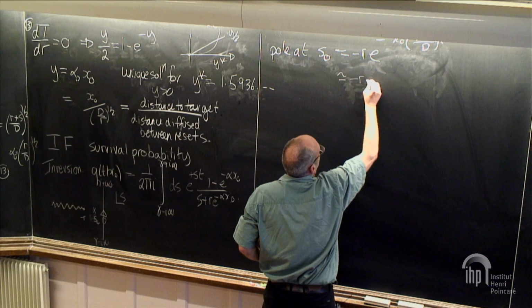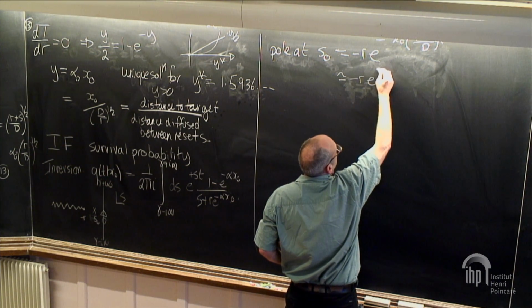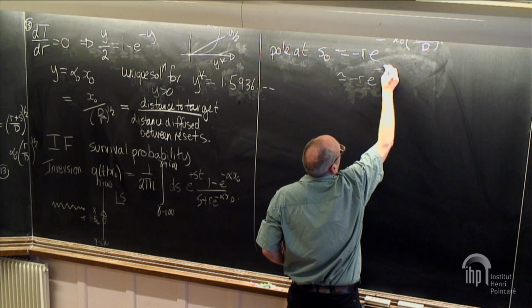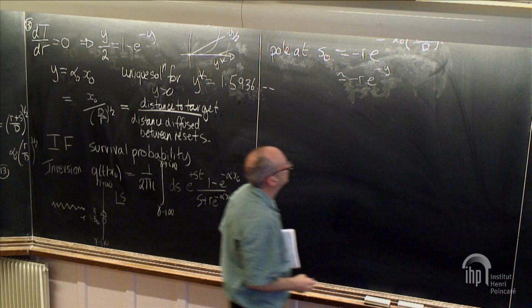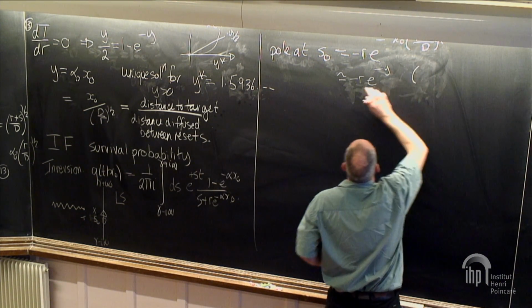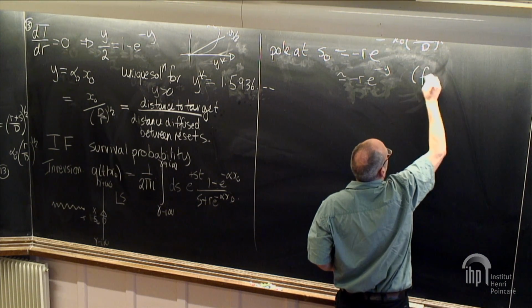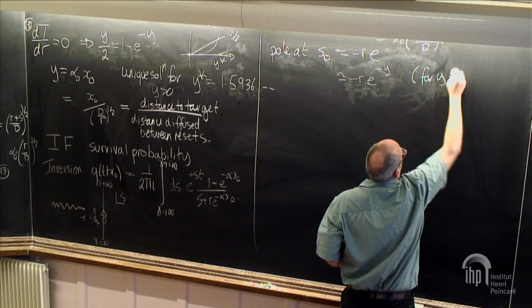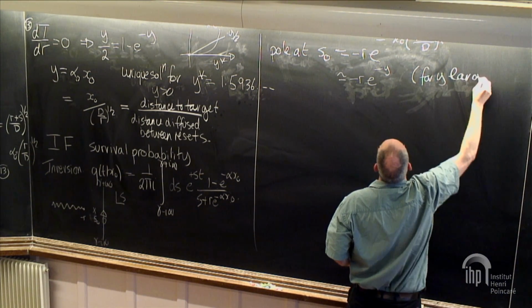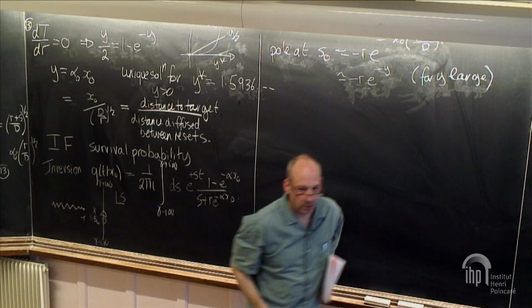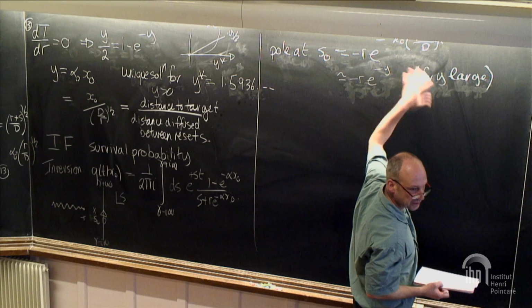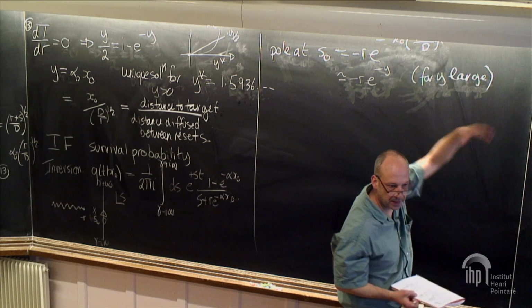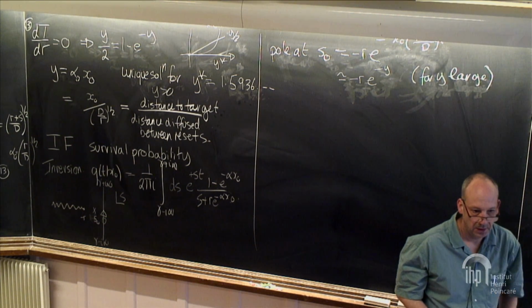This is at minus r e to the minus y. And for s naught small, this requires y to be large. Right? And the correction is going to be very small if I iterate to try and get this, if I put it back in there, it's not going to make too much difference.